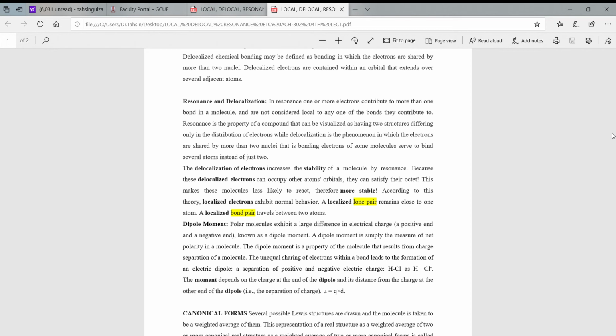And delocalization is when you have to tell that this single negative charge is resonating between two oxygens and one carbon. You represent it with dotted lines.